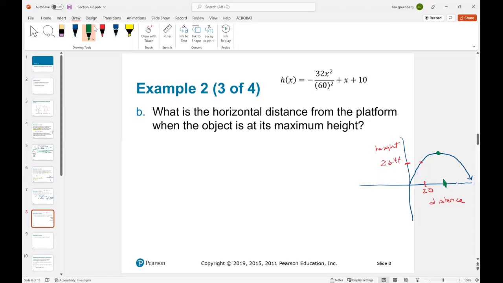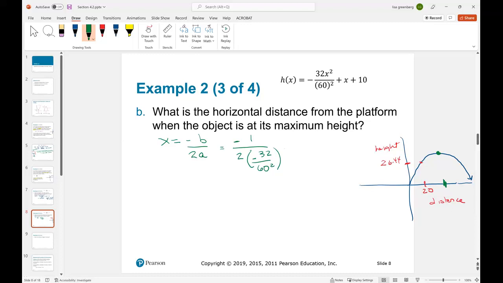So again, we just need to use our vertex formula, which says x is equal to negative b over 2a, which is equal to negative, here b is 1, over 2 times negative 32 over 60 squared. So again, we take out our calculator. Our negatives cancel.